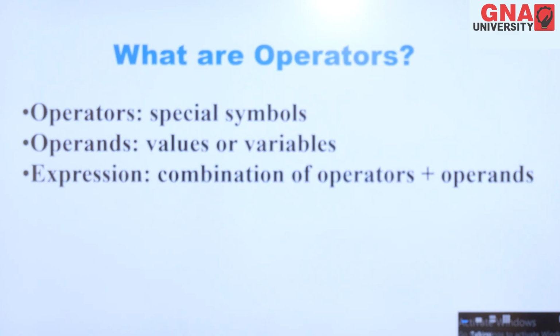Here the operands are a and b, and the plus in between is the operator, and this whole thing is called an expression. An operator is a special symbol. An operand can be a value or a variable. An expression is a combination of operator plus operands.